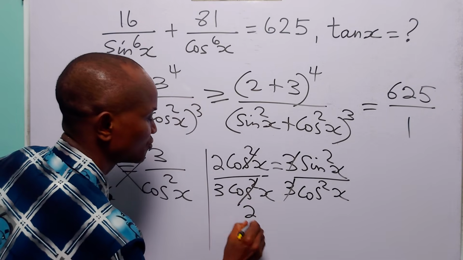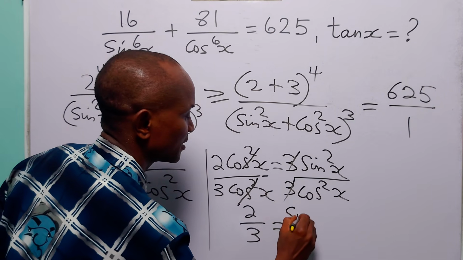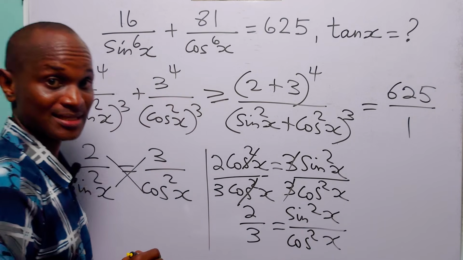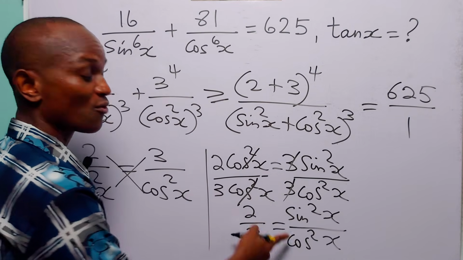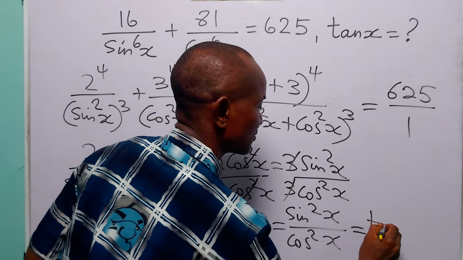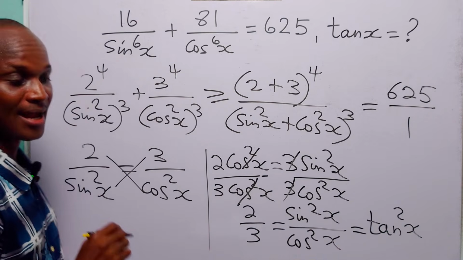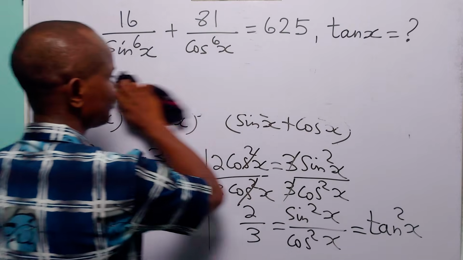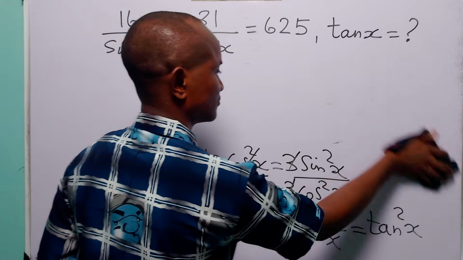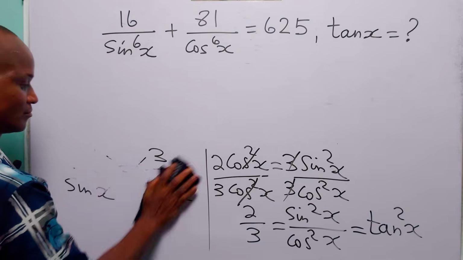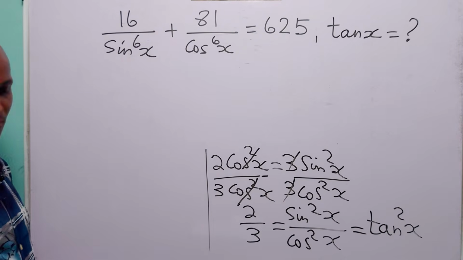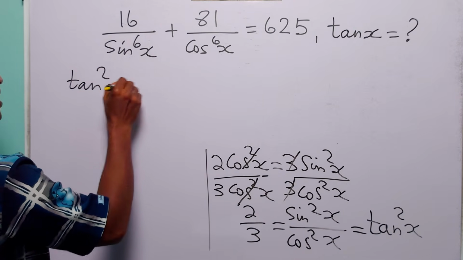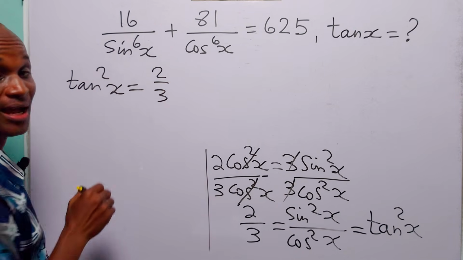From here, we have that 2 over 3 is equal to sin squared x over cos squared x. But now you know that sin squared x over cos squared x is equal to tan squared x. And of course, from here we have that tan squared x is equal to 2 over 3.